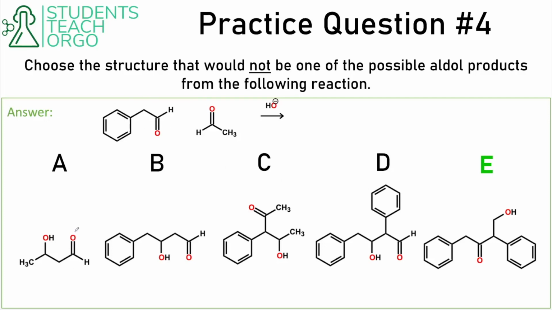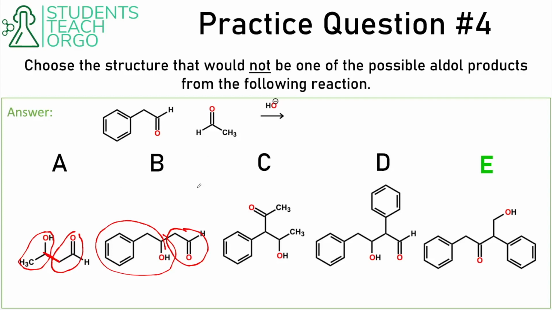So to start off here, if we look at A, we can see that one came from this aldehyde, and this also came from that same aldehyde, and we made that bond in the reaction. If we look over here, we can see that this part again came from here, and that this came from over here.